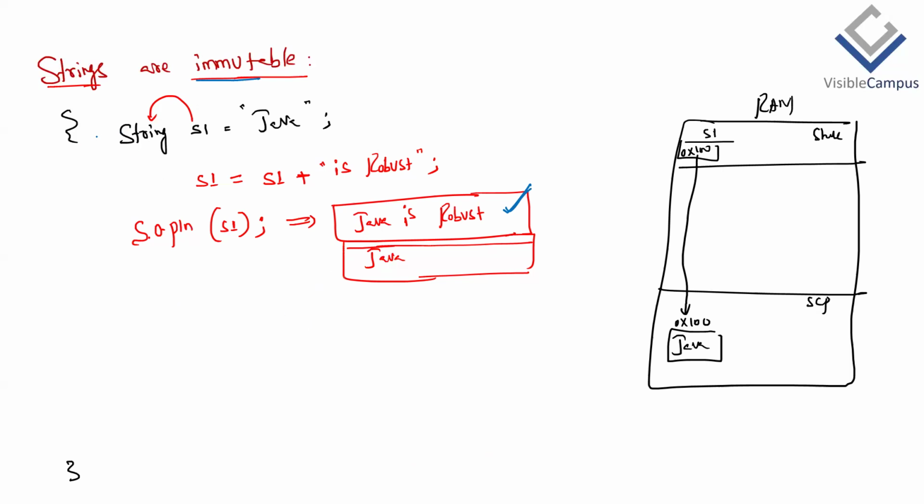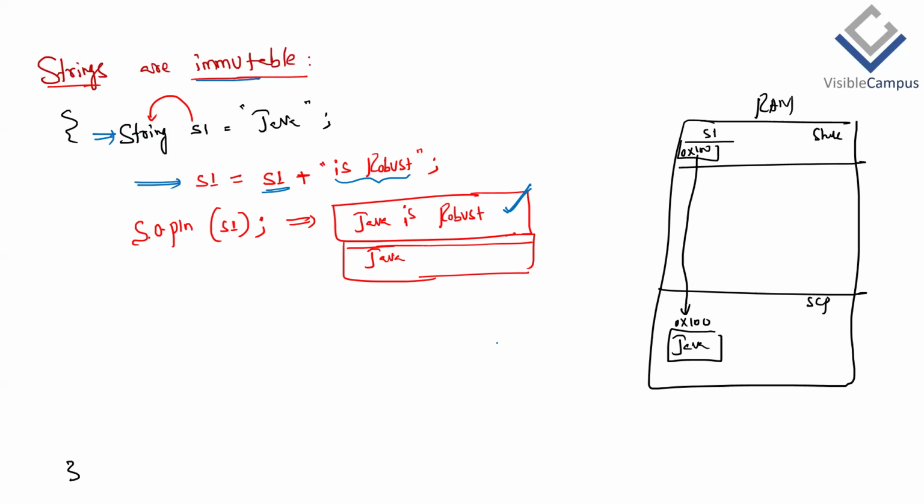When the JVM executes the first line, we know the story. When it comes to the second line, first the right-hand side. S1 is already a variable, so it already has the data. Next, "is robust" is a new string object, created without the new keyword.